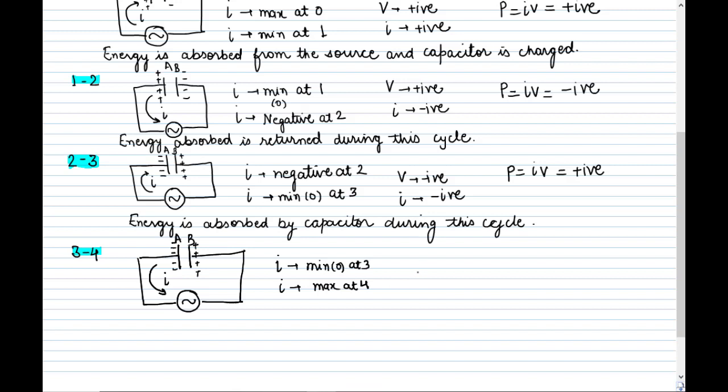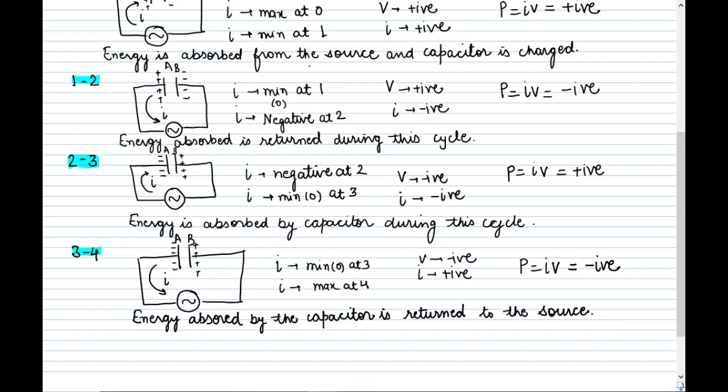Here our I is positive but our V is negative. So P is also negative because P is equal to I into V. Minus into plus will be minus. So our power is also negative. Whatever energy was absorbed in the cycle 2 to 3 is now returned to the source.